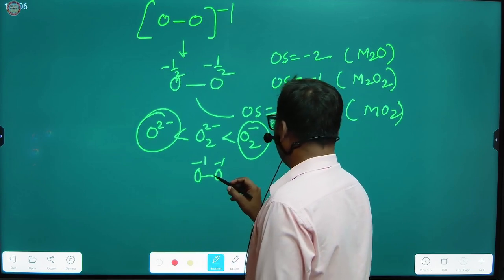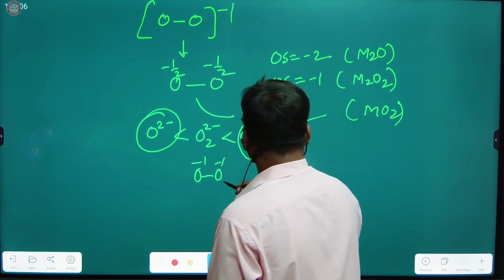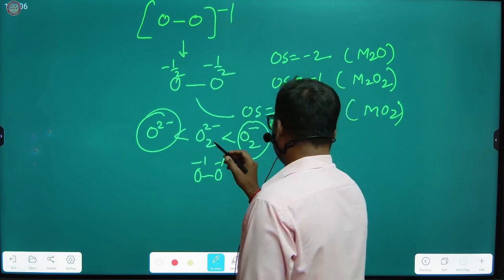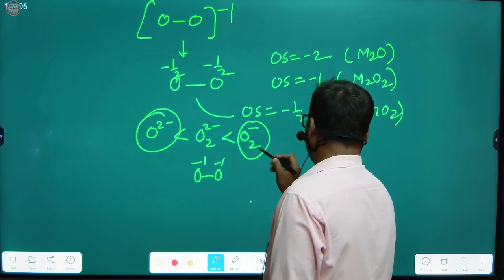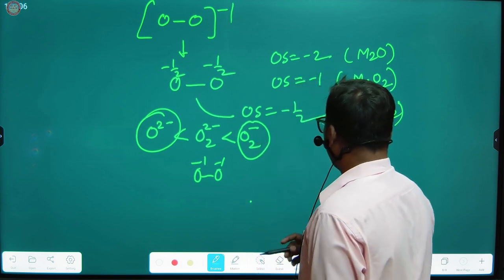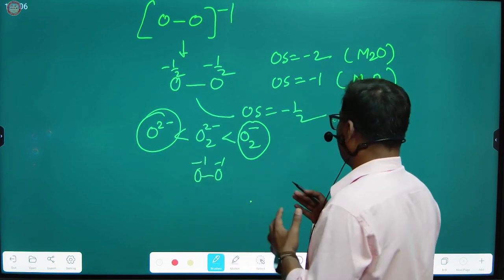That is why the size of the peroxide anion is smaller than that of superoxide ions, where with minus half charge less repulsion takes place.